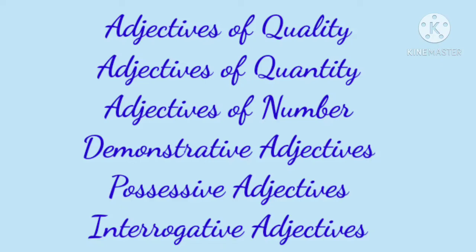So these are the kinds of adjectives. We have studied 6 kinds of adjectives. Now let us have some examples of each kind.